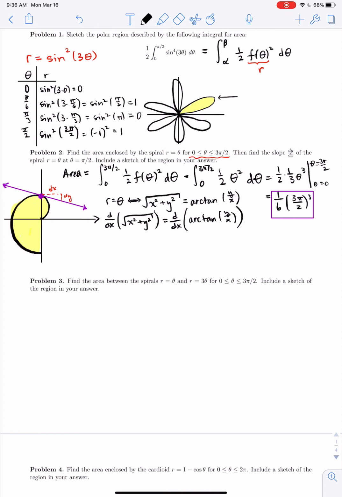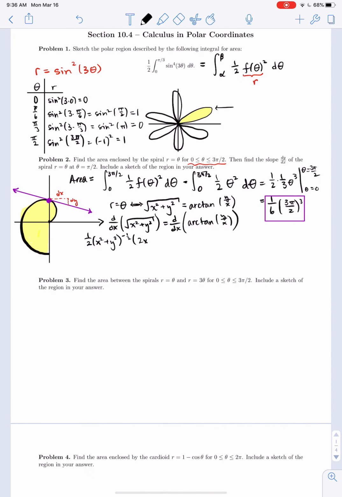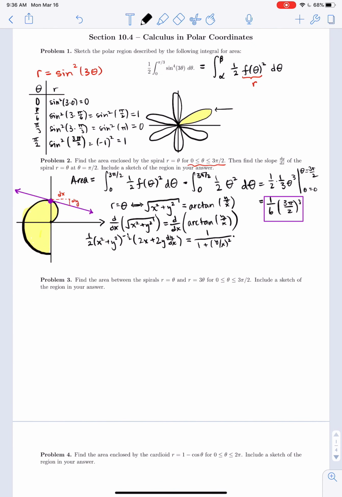So on the left-hand side, we have 1/2 times x squared plus y squared, drop the power, and then apply the chain rule, but of course we're chaining with respect to x. So we get 2x plus 2y dy/dx. And that is equal to the derivative of arctan, which is 1 over 1 plus the argument, y over x, quantity squared, times the derivative of the inside, which is y over x, with respect to x.